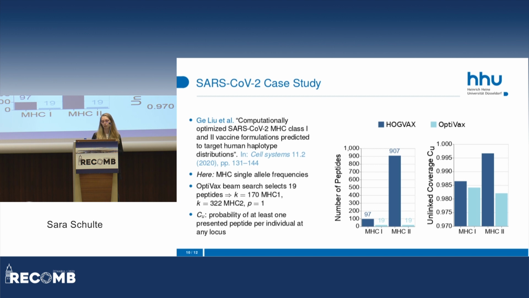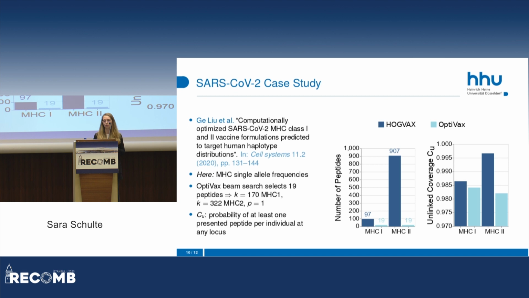And within this limit, you can see in the middle plot that by using the shortest common superstring approach, we are able to add significantly more peptides to our vaccine formulation. And of course, this also has an effect on the population coverage. So here I evaluated both tools using the evaluation function also proposed by Leo et al., where I compute the probability that each individual of the target population presents at least one peptide at any locus.